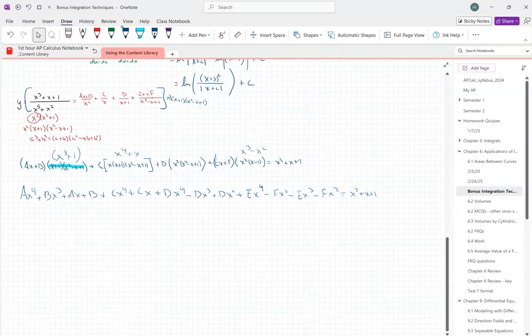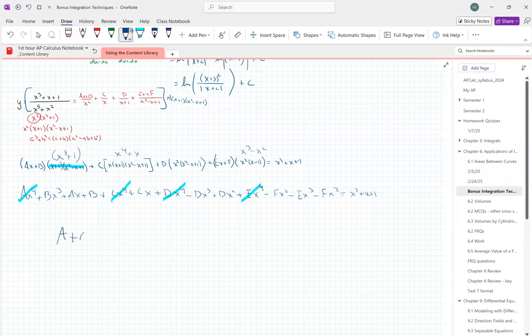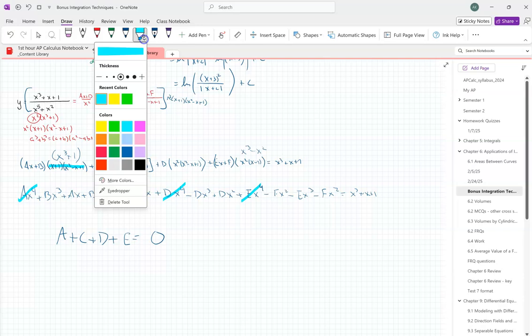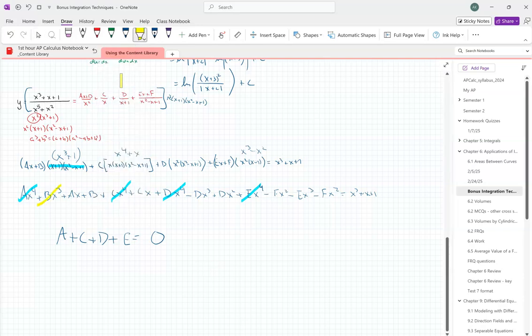So if I take my degree 4 terms, this guy, this guy, this guy, this guy, we add those together, a plus c plus d plus e has to equal 0. And then we'll take my degree 3 terms, so b minus d minus e has to equal 1.